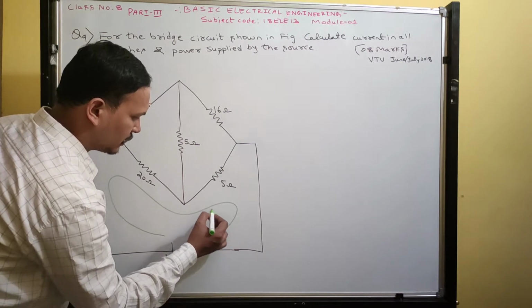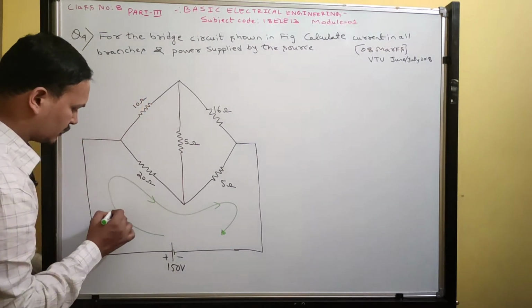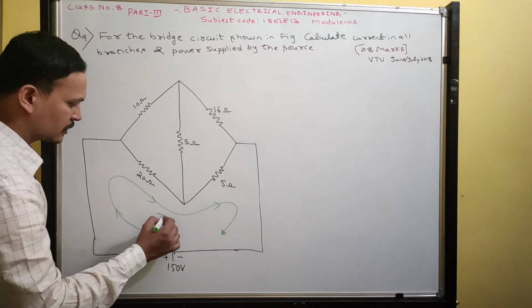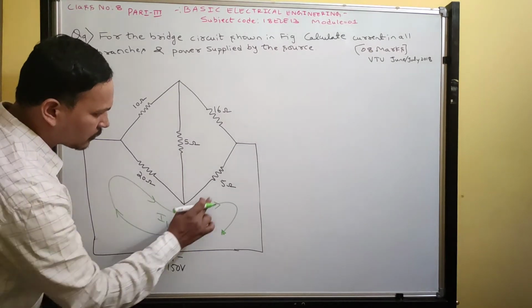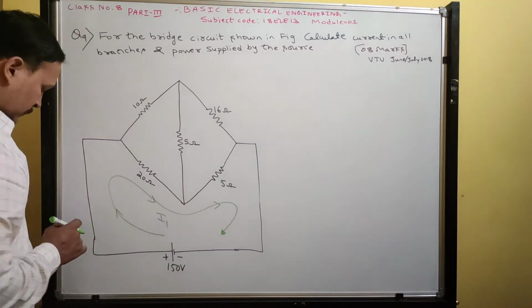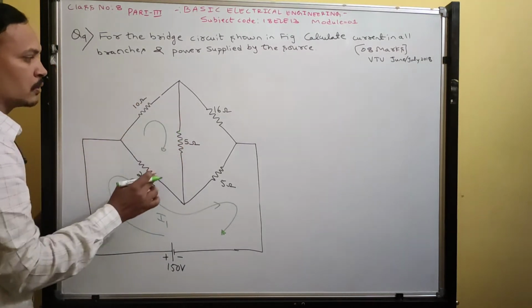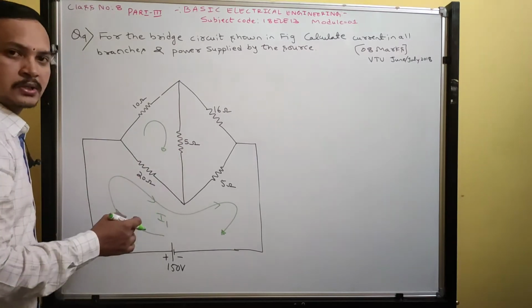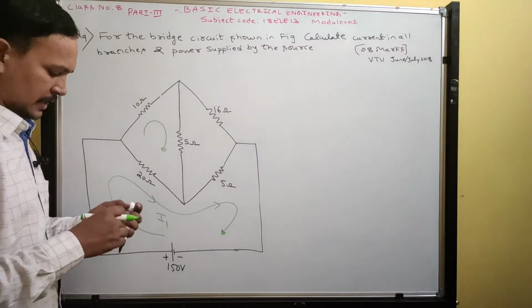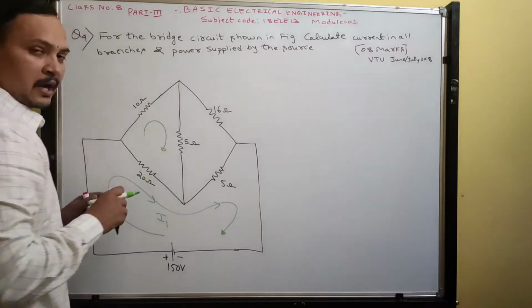Now you can mark this current as I1. Some I1 current flows in this loop. Now in this loop there is no voltage source. If there is no voltage source, you always assume clockwise direction. Current flows in clockwise direction.